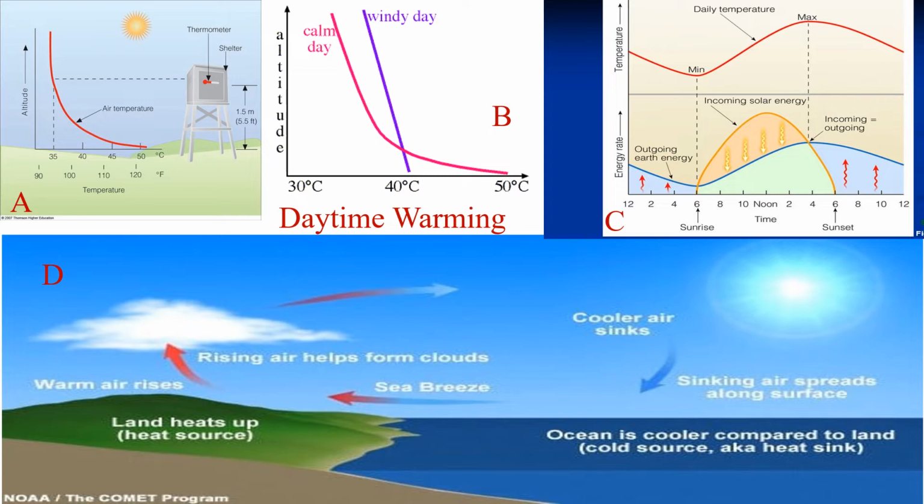As the sun rises higher in the sky, the air in contact with the ground becomes warmer, and a thermal boundary exists, separating the hot surface air from the slightly cooler air above.